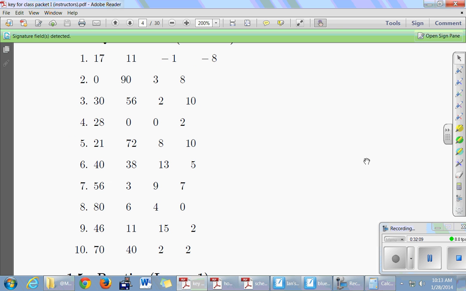First row: 17, 11, -1, -8. Next row: 0, 90, 3, 8.